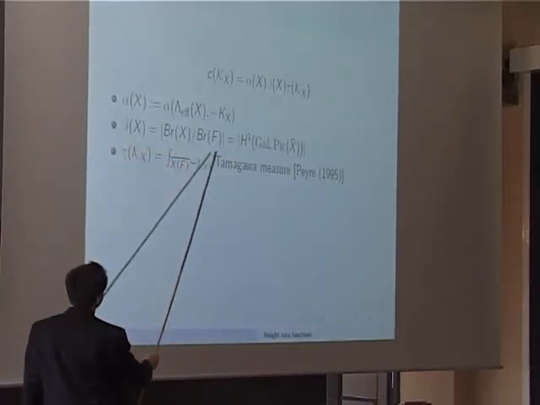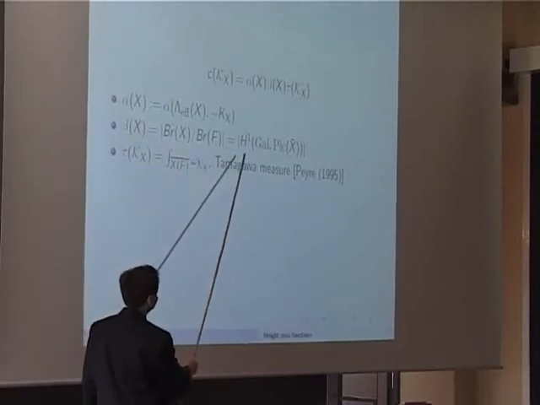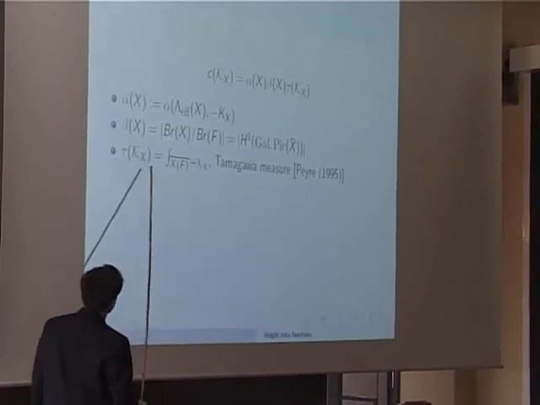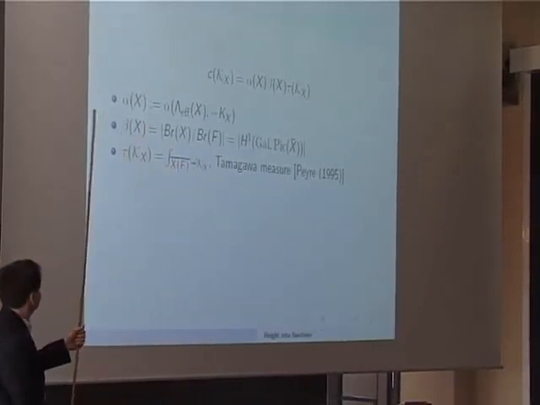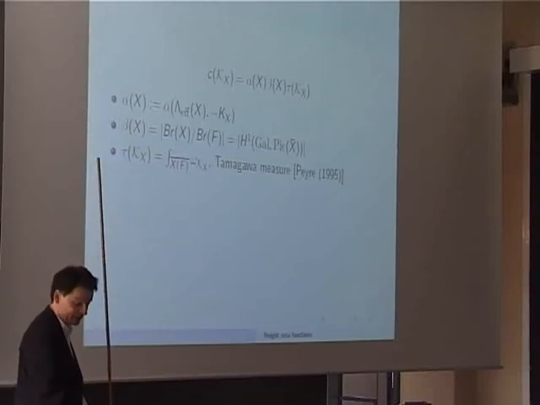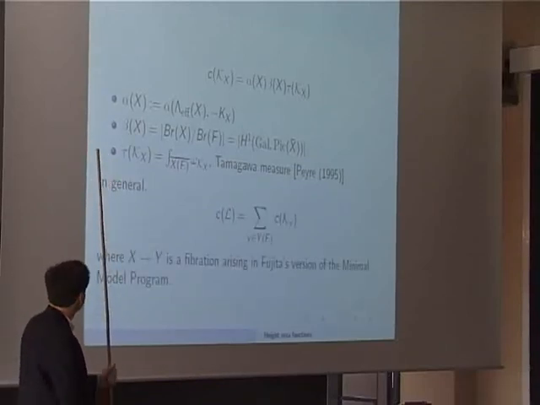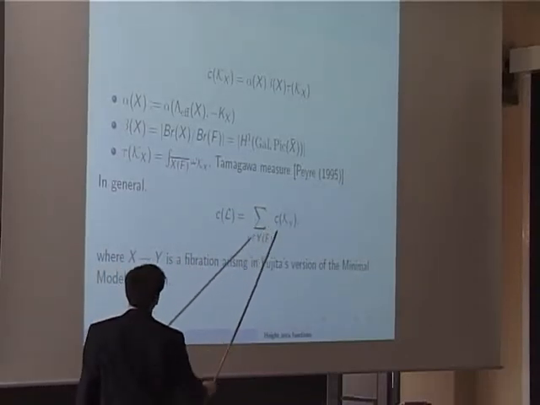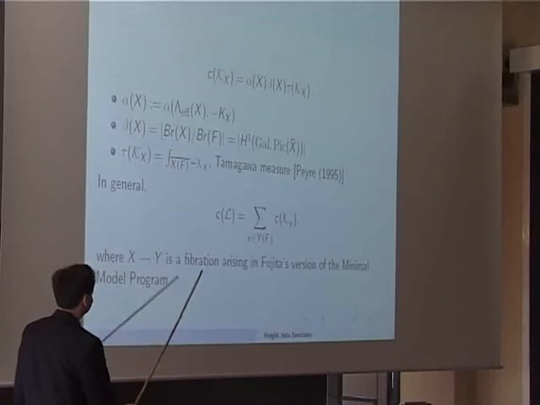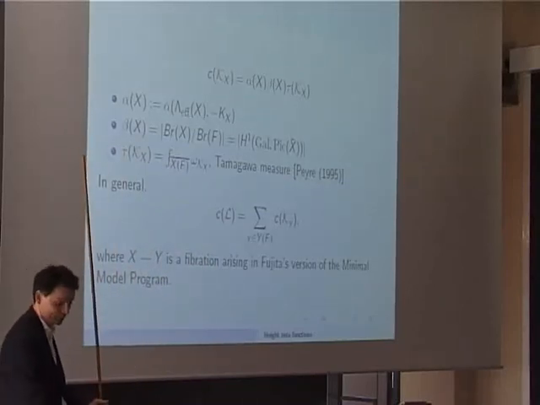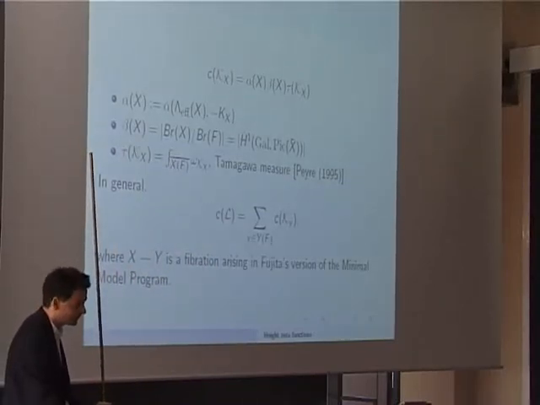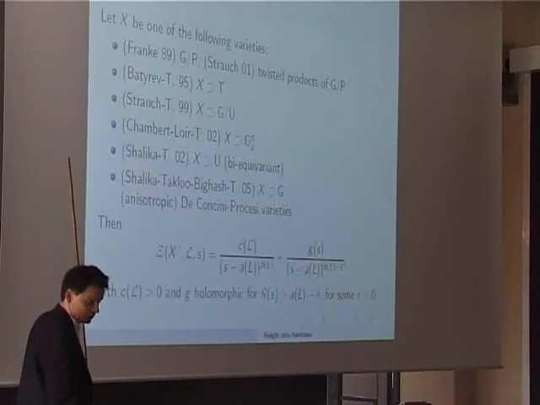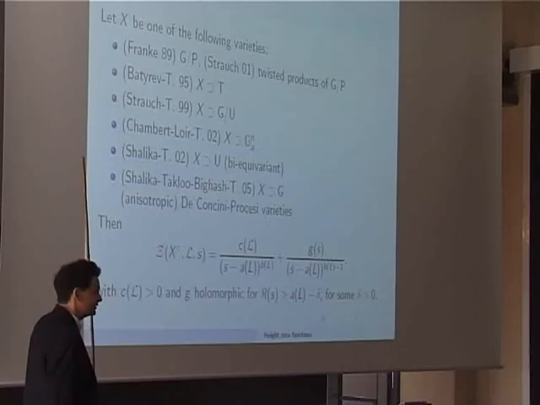Beta is the non-trivial part of the Brauer group that you've seen as well, Galois cohomology, and tau is a Tamagawa type number. Again, we'll discuss it in detail. Later, in general, it's an infinite sum of such Tamagawa type numbers, where this is a fibration from the minimal model program of Fujita. So in all cases that I wrote down on the board here, this is exactly what's happening.